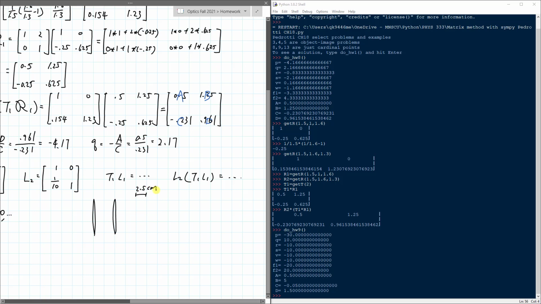Alright, so let's read the result from here. So first P is 30 centimeters. That's 6 times 2 is 12. Basically, it's quite a way away. Maybe I can move that down.